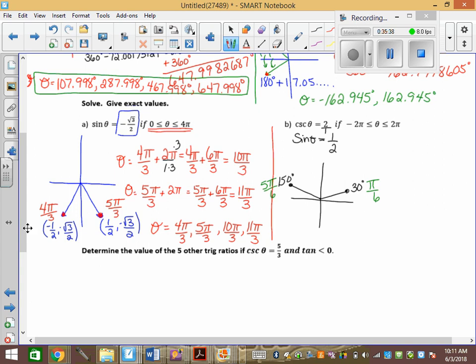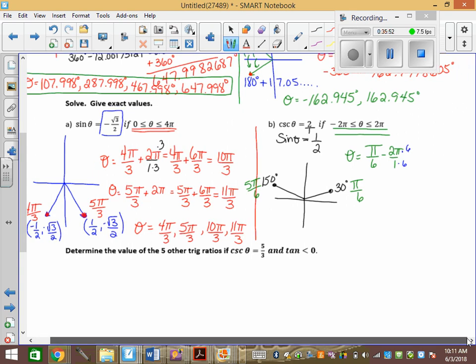But it's between negative 2 pi and 2 pi, so I have to find the negative coterminals. So I'm going to do theta equals pi over 6 minus 2 pi over 1, which I have to multiply by 6 so I can get common denominators. So I'm going to get pi over 6 minus 12 pi over 6, which equals negative 11 pi over 6.